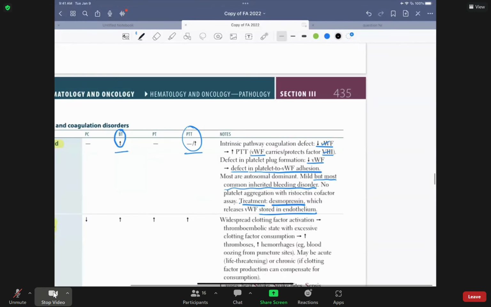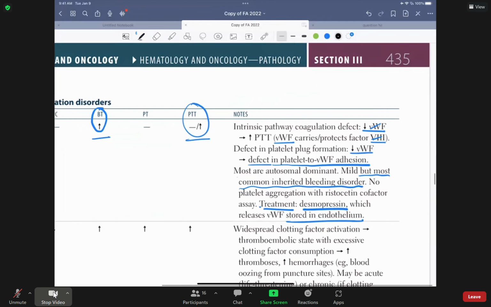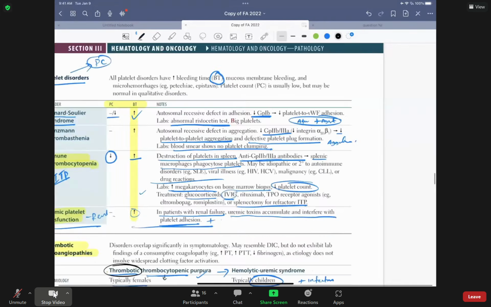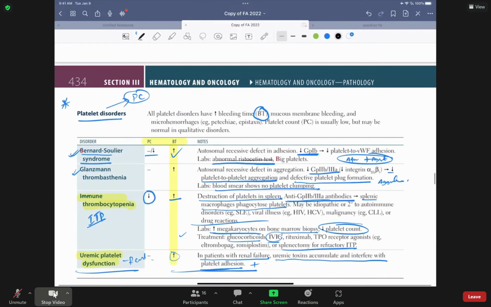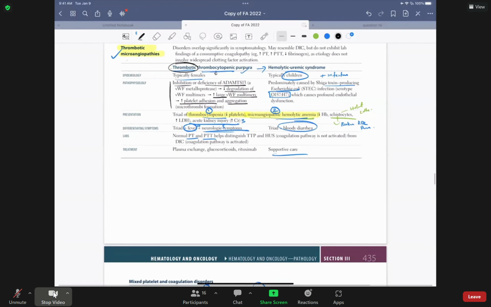Let's see here first. No platelet aggregation with ristocetin cofactor, because I don't like the way it's written here, or it's written here also, folks. Okay, so you're going to make a statement here or somewhere of what I wrote: GP1B versus von Willebrand factor.